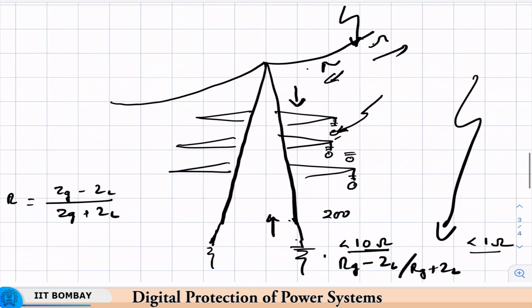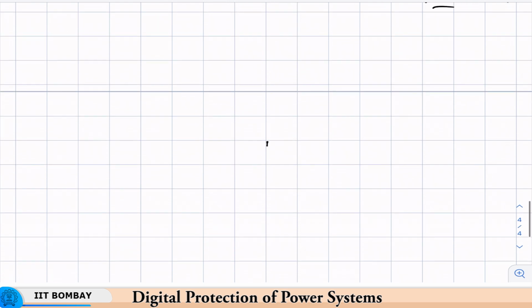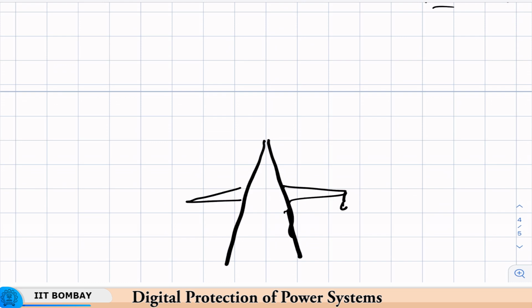Here, this is known as the shielding angle. If this is the tower top, then usually it is designed such that, I'm sorry, this is a larger value. So this is the first cross arm. Then it is designed such that this angle is about 30 degrees.